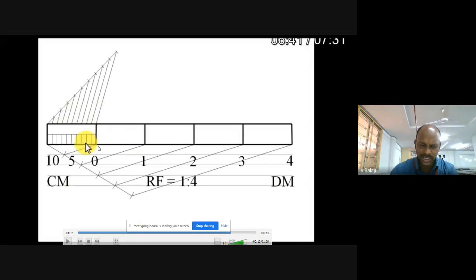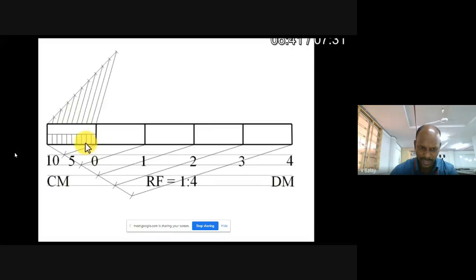Since you see the distance is increasing from 0 to left hand side. You can observe even 0 is here, right hand side the distance is increasing. 4 decimeter is the maximum distance you can see. Similarly, from 0, if you go left hand side, the distance is increasing. Yes or no?